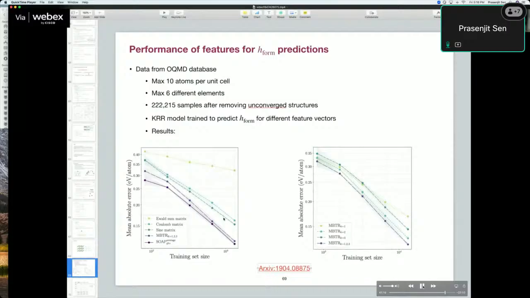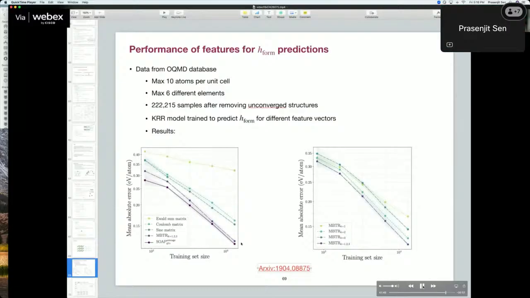So different features. So there are two plots you can see. I'm talking of the left plot. And what is plotted along the horizontal axis are the training set size. The different number of samples used to train the models. And as expected in any machine learning model, as the training set size increases, model performance increases because it is trained better, it is learning better the underlying function.